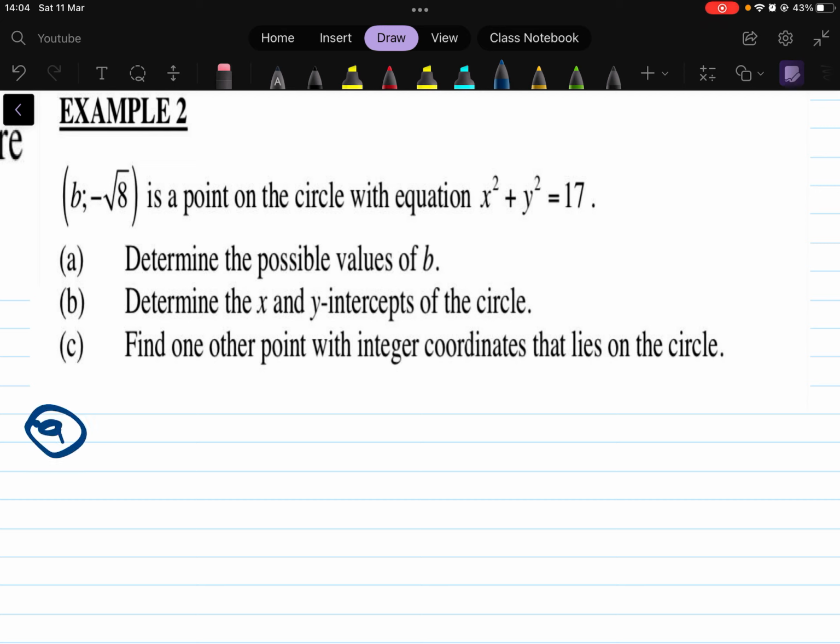Let's deal with one question at a time. This point is on the circle, and there's an unknown coordinate, which is the x coordinate of that point. But because the equation of the circle is complete, we just need to substitute that point into the equation of the circle to find the unknown coordinate.